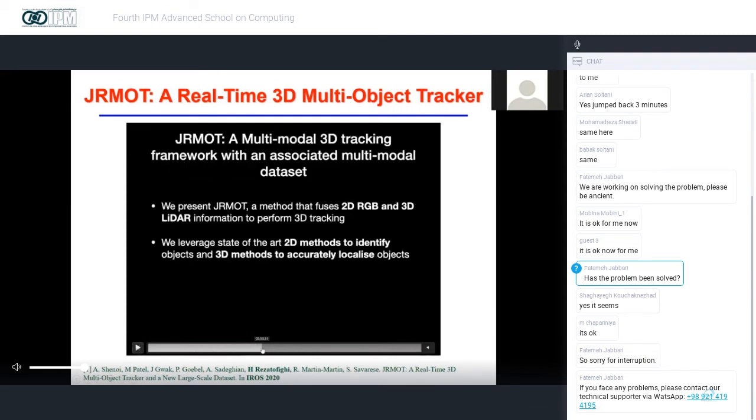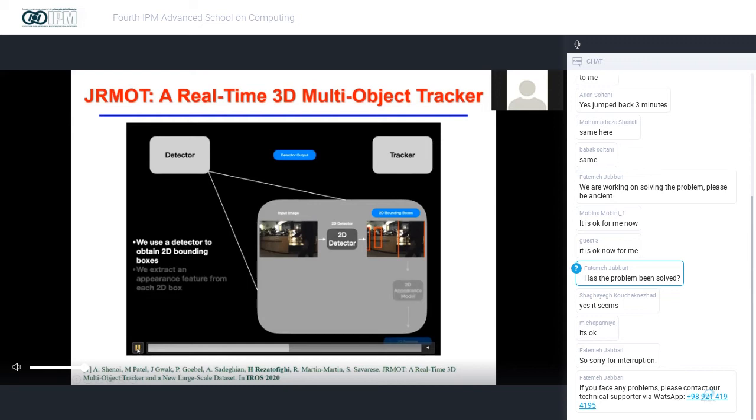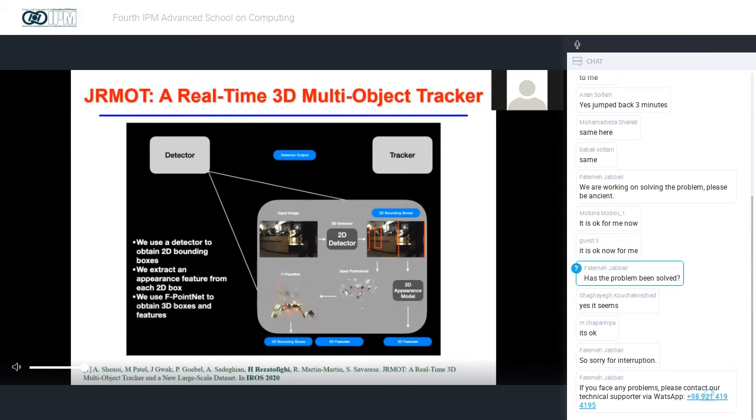The main idea is that we have a detector and all of the components are trained together. We have a 2D detector to detect the 2D objects, and we extract the 2D appearance model from that as a 2D feature. Then the 2D boxes are used to create a frustum.